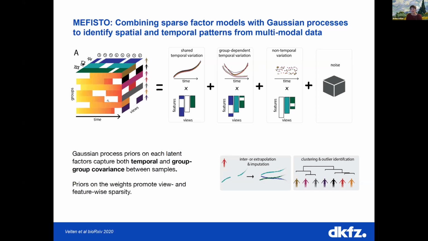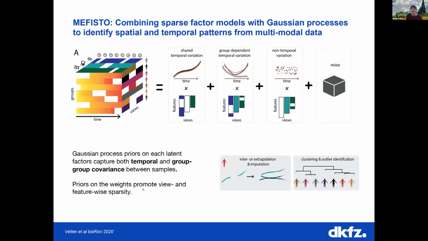And then we decompose this data again into latent factors, which are, however, now seen as a continuous factor that's modulated by a Gaussian process, and therefore help us to better distinguish temporal variation or spatial variation, which are the first two components here, from non-temporal variation, and also distinguish shared temporal variation that is common across all individuals from group-dependent temporal variation.